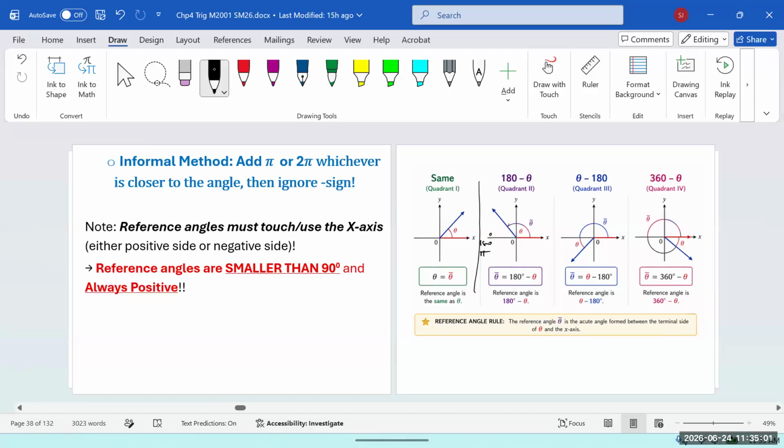So anytime you have your angle in the second quadrant, you just subtract your angle from 180 and you get the reference angle. But if you have anything in the third quadrant, then we have 180 here, which is equivalent to pi. So in order to find the reference angle, you subtract 180 from your angle. And lastly, if you have anything in the fourth quadrant, you just subtract your angle from 360.